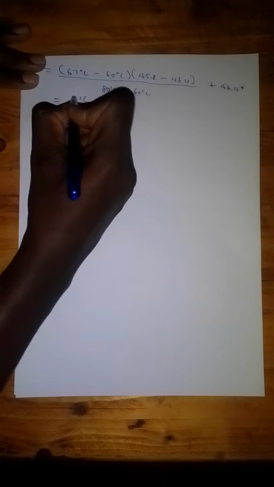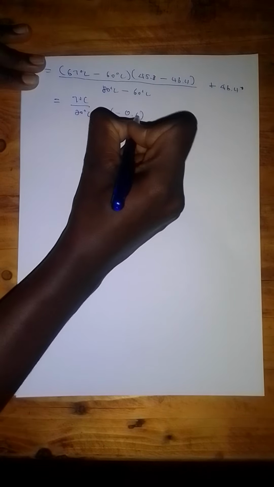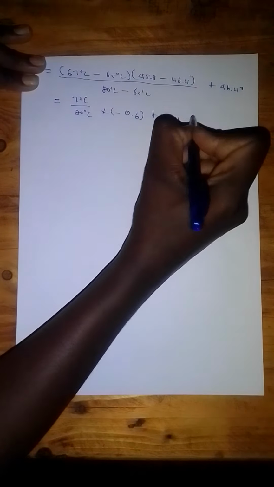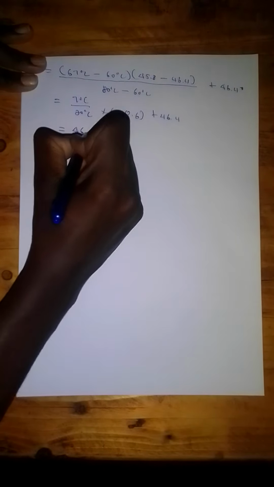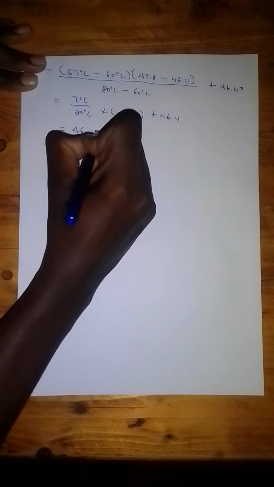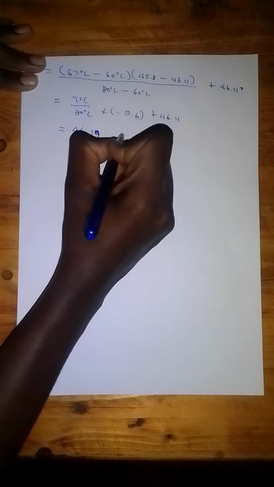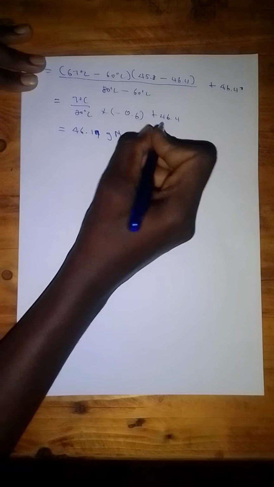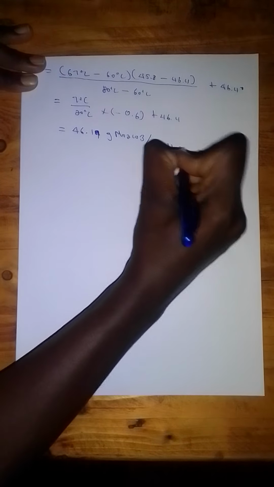So we have our X, and if you move further to do your simplification, you will get 7 degrees Celsius all over 20 degrees Celsius multiplied by minus 0.6 plus 46.4. And if you simplify, finally you will find a solubility of 46.19 grams Na2CO3 per 100 grams H2O.